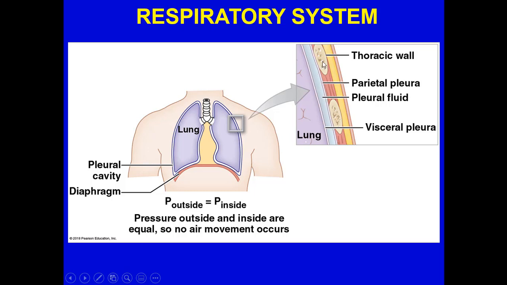If there is an air bubble here, this will expand and it will literally cause the peeling away of the lung, away from its intimate contact with the thoracic wall, and the lung will begin to collapse.